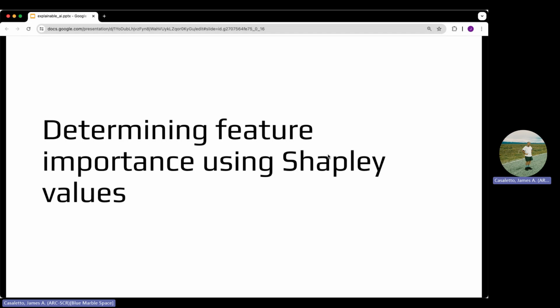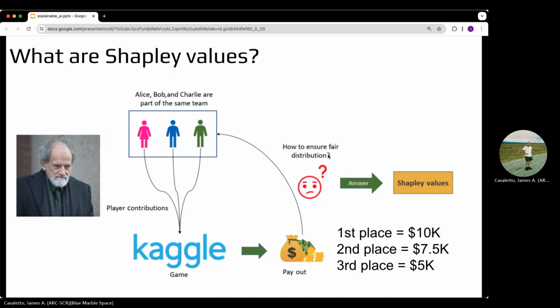In this section, we discuss determining feature importance using Shapley values. The concept of Shapley values originates from cooperative game theory and was developed by Lloyd Shapley in 1953, for which he won the Nobel Prize in Economics. Shapley values provide a way to fairly allocate the payout, or contribution, of each player to the coalition, considering all possible combinations of players.